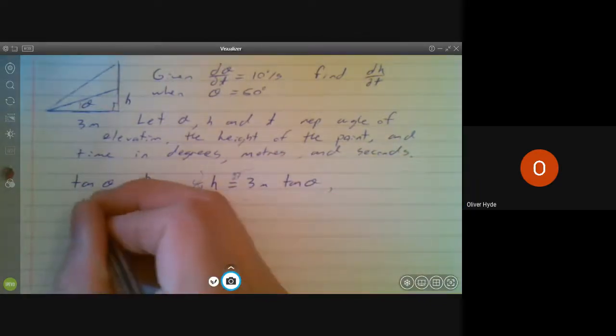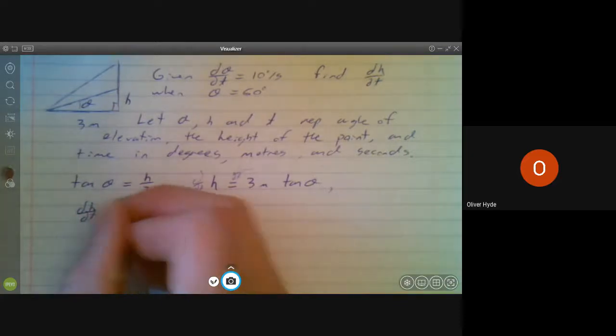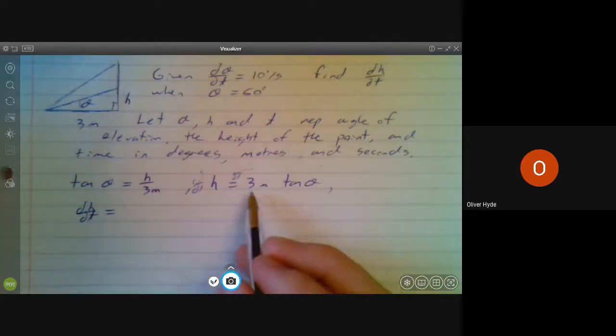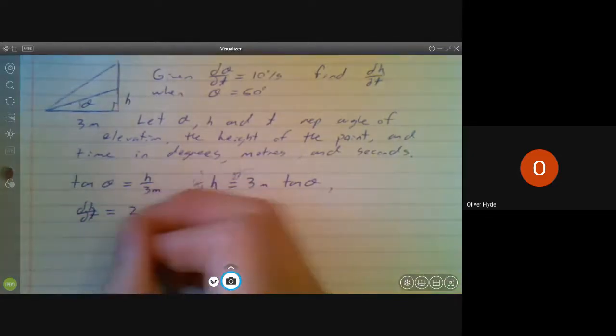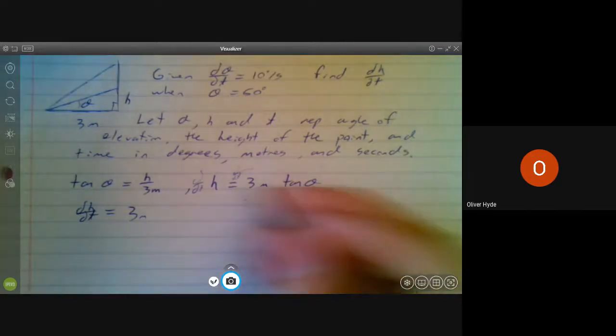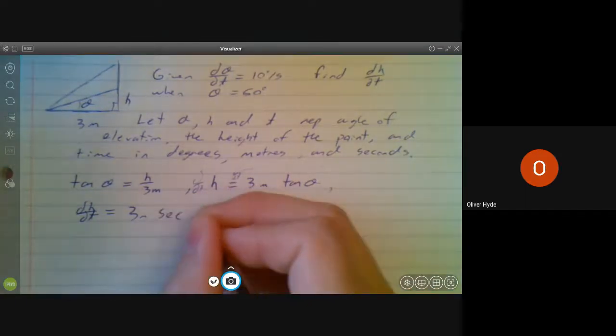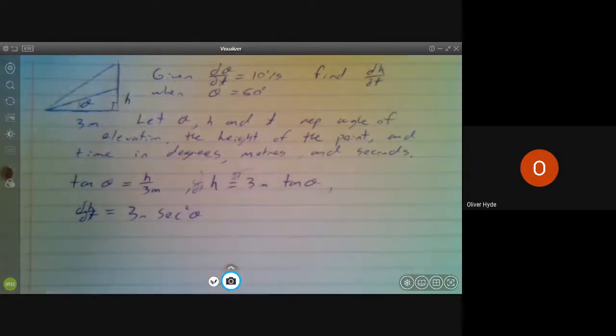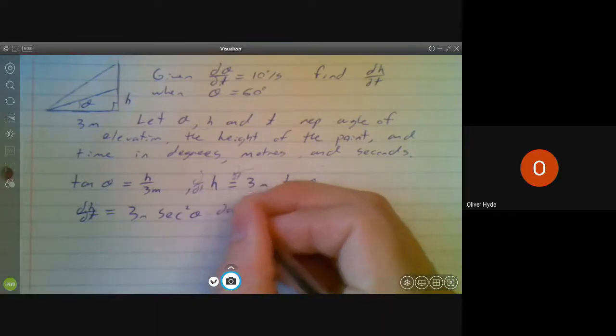On the left-hand side, I'll have the rate of change of height with respect to time being, let's do constant multiple of 3. Again, I'm going to keep the meters for now. Derivative of the tangent of θ. Let's see, tangent of θ has a cosine of θ in the denominator. So does secant of θ. There has to be 2 factors. This was the secant of θ squared. And then my chain, dθ/dt.